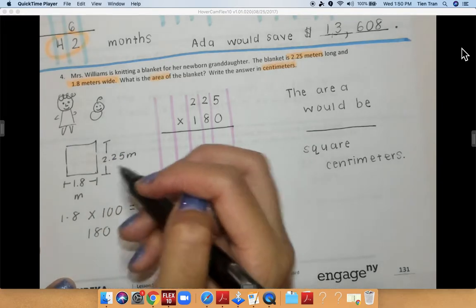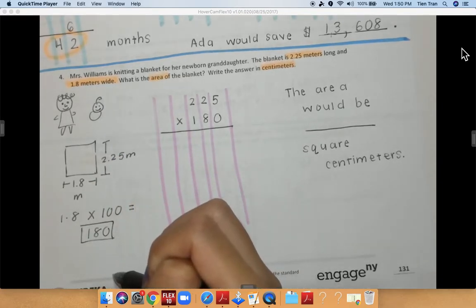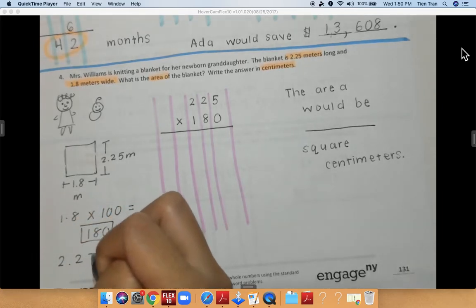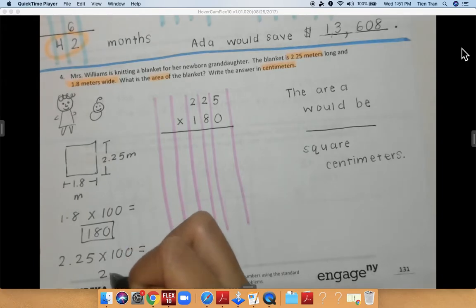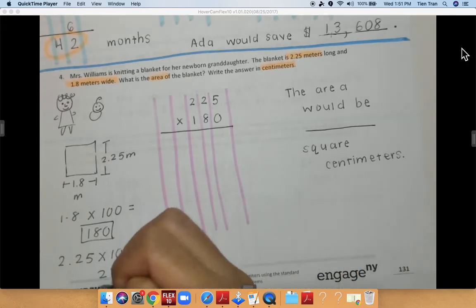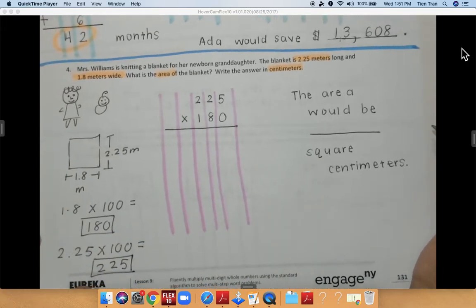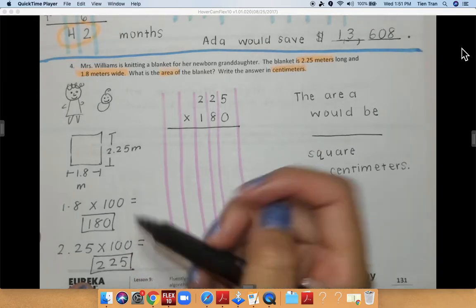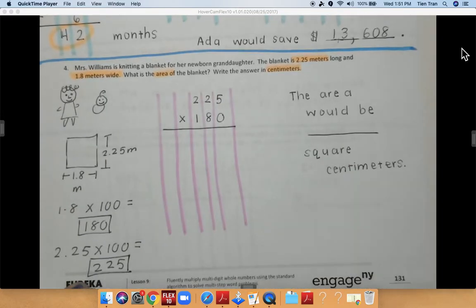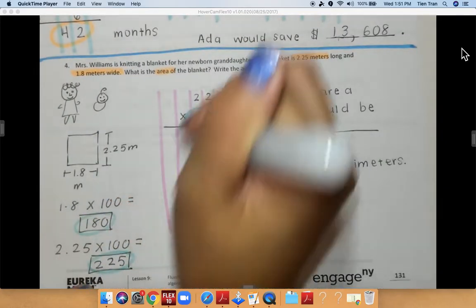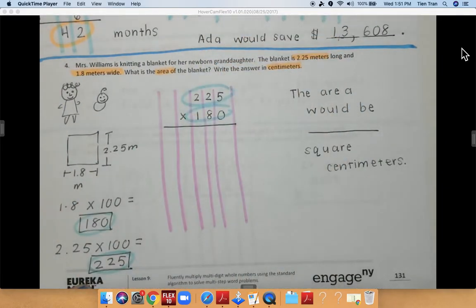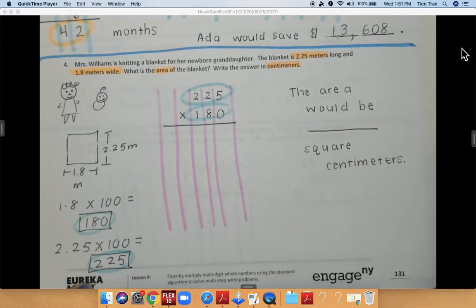And when you are multiplying 2.25 times 100, you are also going to get 225 as your final answer. So that's why we are taking these numbers right here, 180 and 225, and we are multiplying those numbers in order to get your answer.